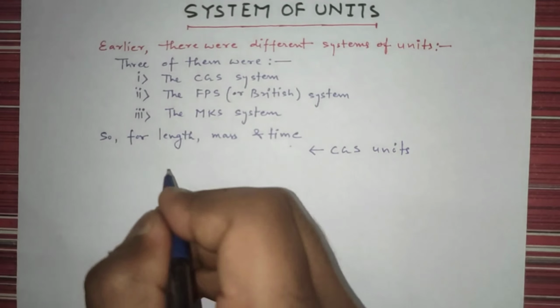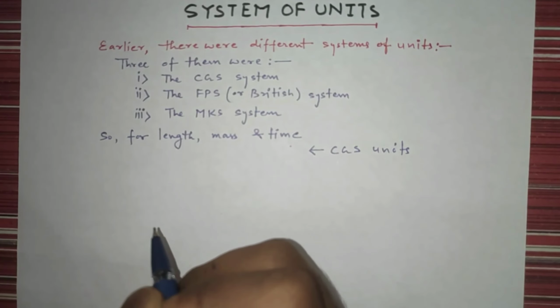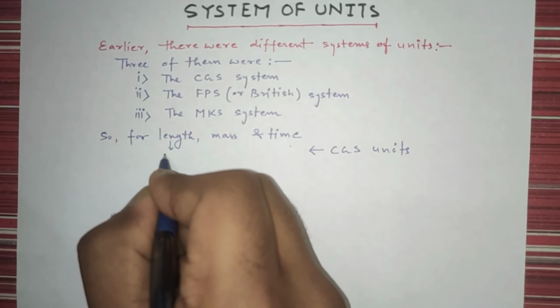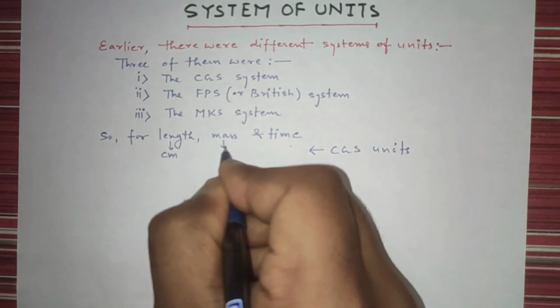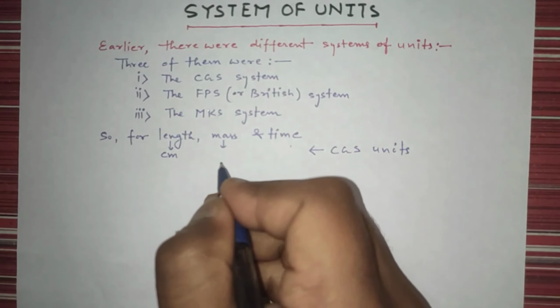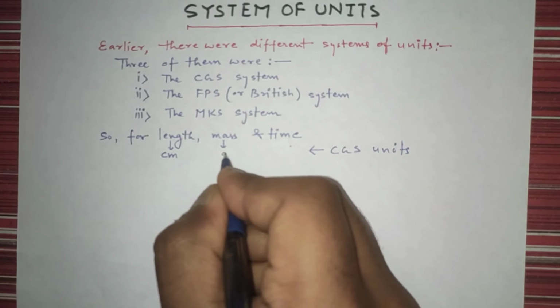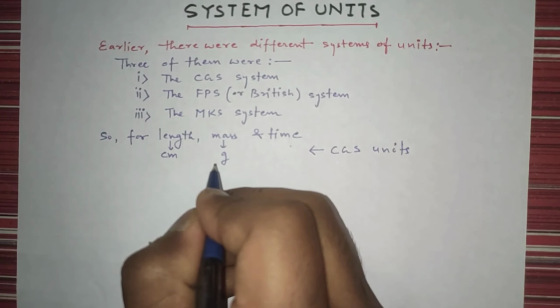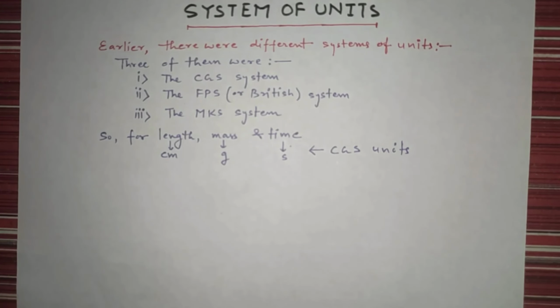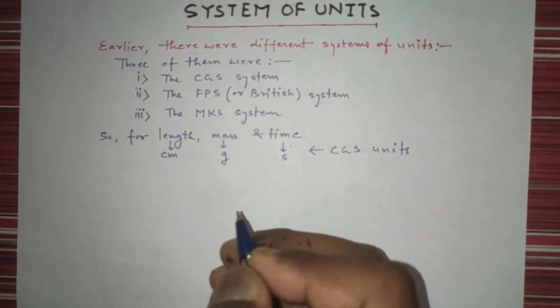So in CGS units, for length the unit is centimeter, for mass the unit is gram, and for time it is second.